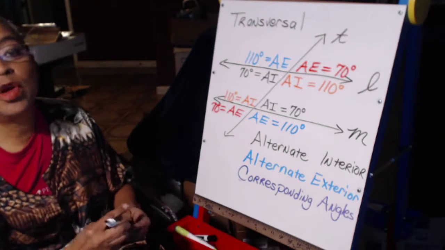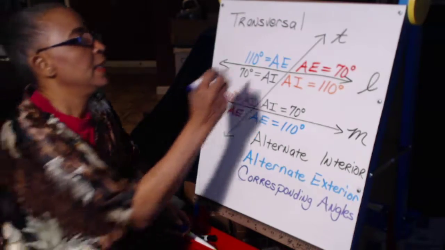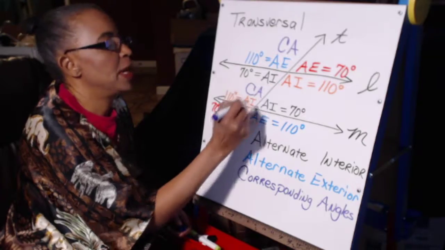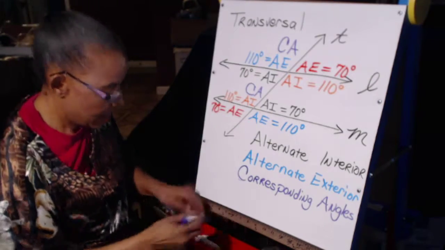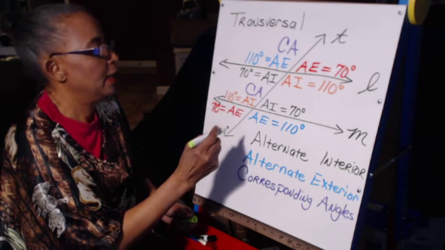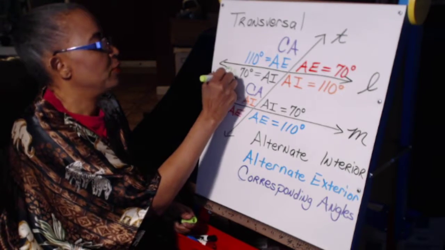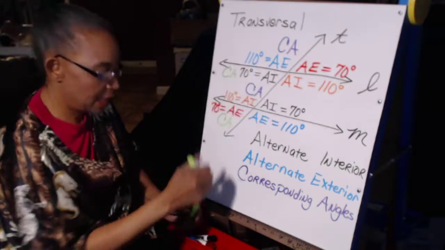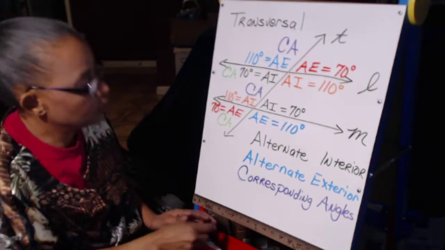All right, this is going to be CA. So if this is corresponding, then this is corresponding. I'm going to have to use a lot of different colors on this one. If this is corresponding, this is corresponding. And that's going to apply to the other side of the transversal also.